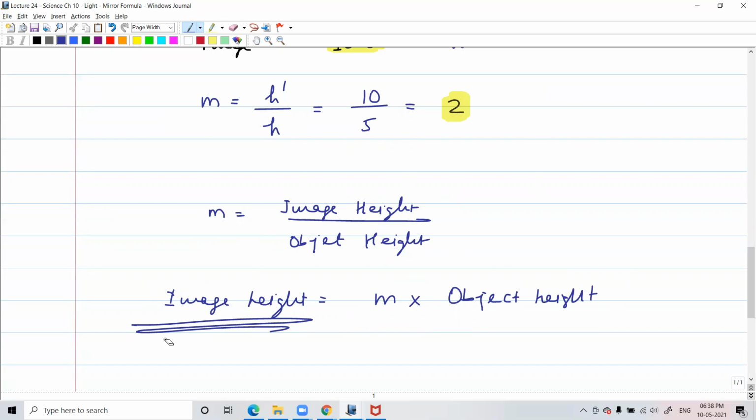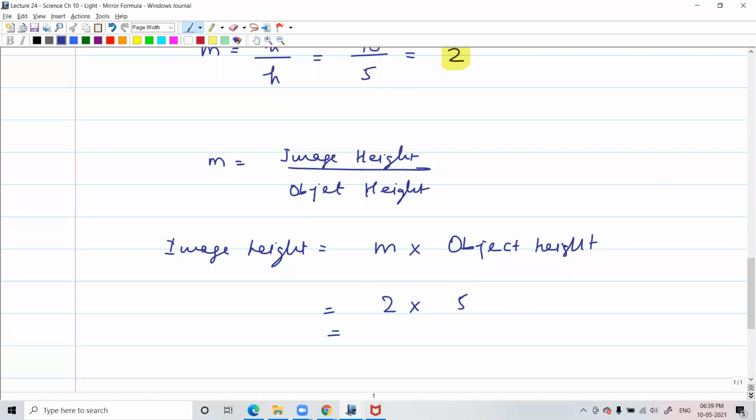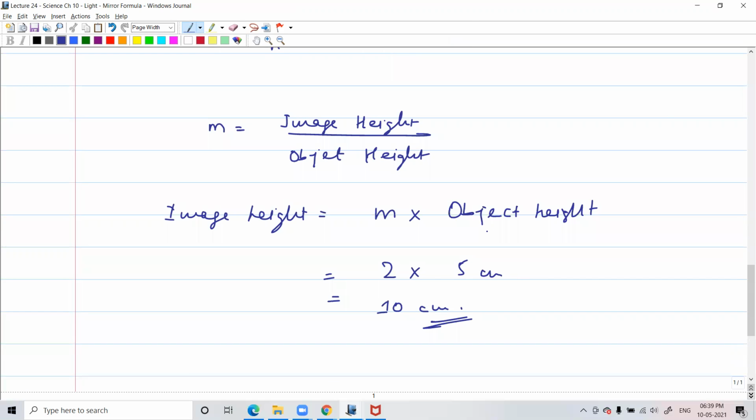So if your image height is not given, just m is given, say m is given as 2, and you know that the object height is 5 centimeter, you will know that the image will be 2 times 5, that is 10 centimeter. Sir? Yes, tell me.